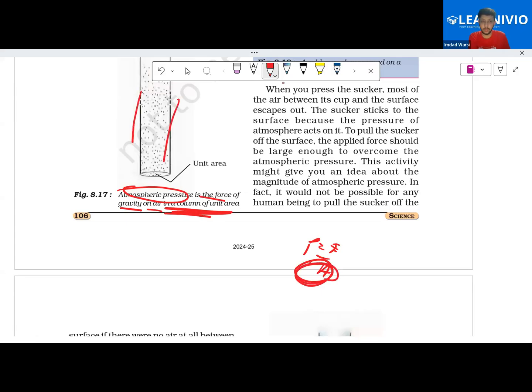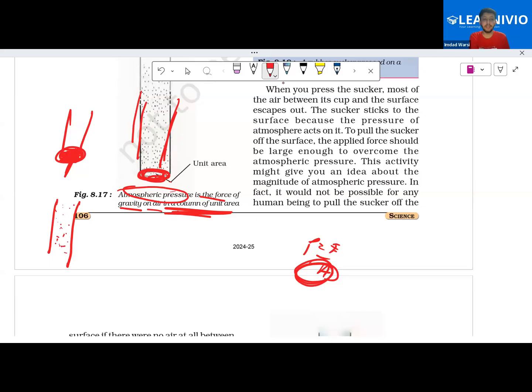This is an air column, and this is the unit area. The force that gravity will exert on this particular area is called atmospheric pressure. You getting it? There is a column of air inside it. Let's suppose a gas column. Column means basically take a glass cylinder.